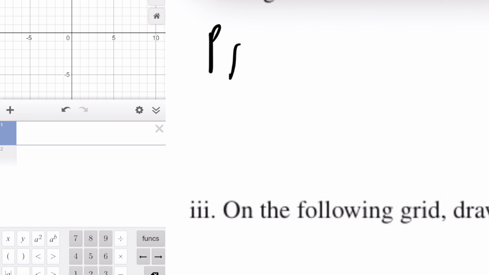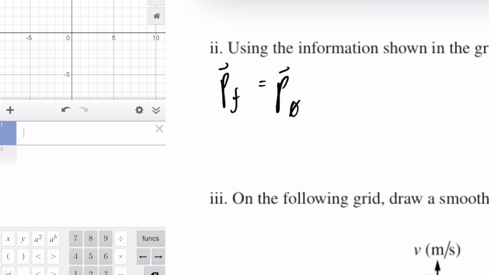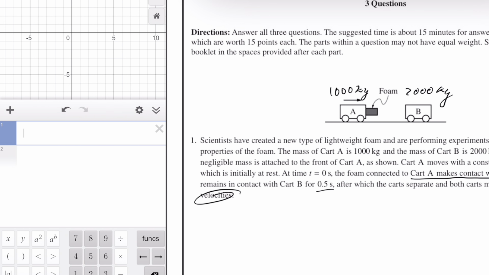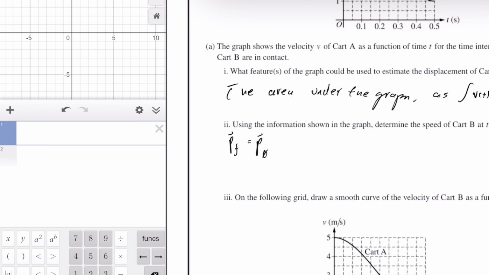P final has to equal P initial of the system, right? But you might think, oh, the carts attach, inelastic collision. No, don't even think that. Just think momentum is conserved. Don't think inelastic or elastic. Just say momentum is conserved, right?